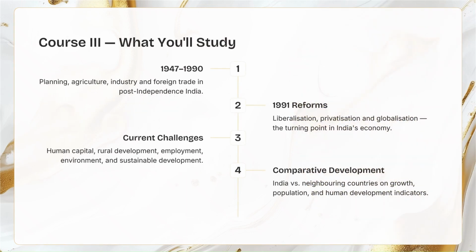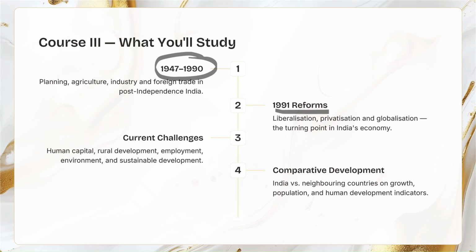This course begins by studying the India's economic policies and development between 1947 and 1990, including planning, agriculture, industry, and foreign trade. The next unit examines the landmark economic reforms of 1991, covering liberalization, privatization, and globalization.